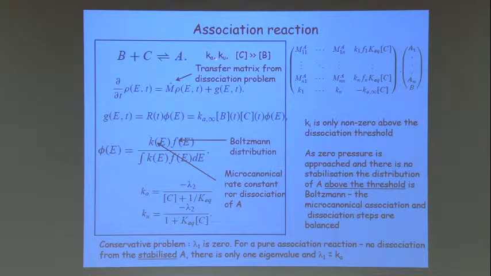And we now have two what are called chemically significant eigenvalues, because we've got two sets of species.